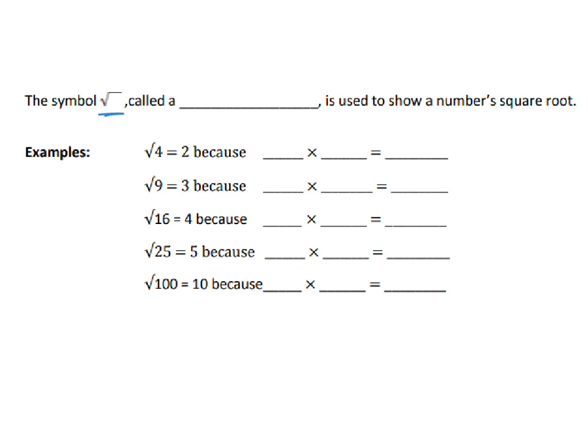Okay, so the symbol that we're using is called a radical symbol. That symbol is used to show a number's square root. The square root of 4 is 2 because 2 times 2 gives you 4. Square root of 9 is 3 because 3 times 3 gives you 9.